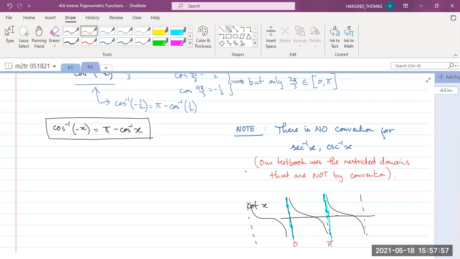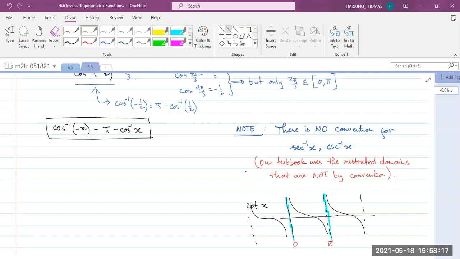Therefore, you will see we will not be able to compute secant inverse or cosecant inverse if they are negative numbers. If positive numbers, we use quadrant 1. Later on, you will see the restricted domain always includes quadrant 1.